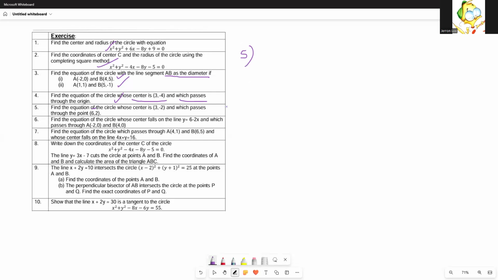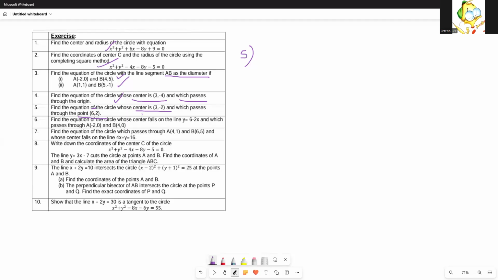For instance, question number 5. Find the equation of the circle whose center is (3, -2) and passes through the point (6, 2). Same thing, questions 4 and 5 are exactly the same. You notice? In this case, I want you to do it on your own, because instead of having the origin at (0, 0), you're going to have the point at (6, 2).